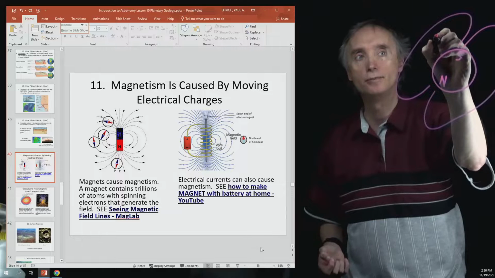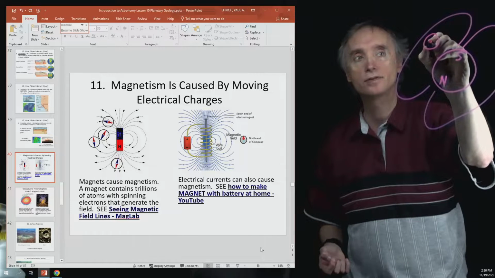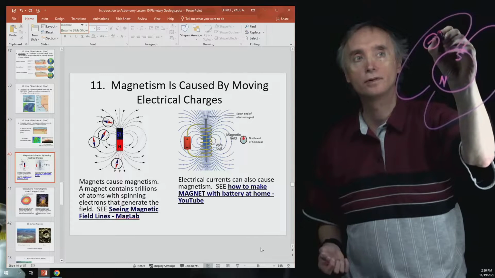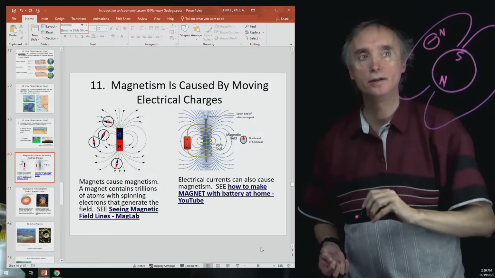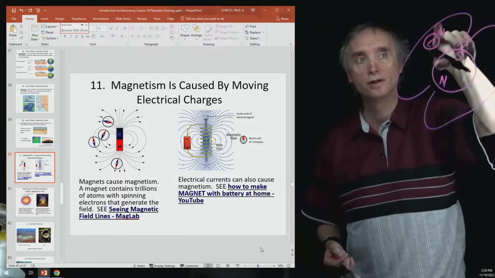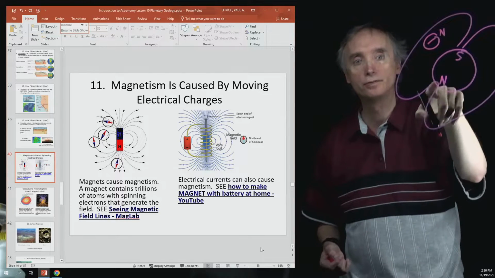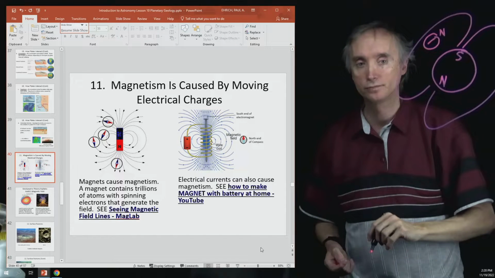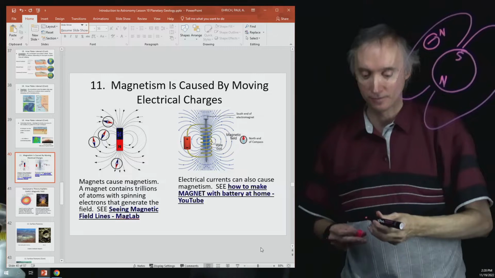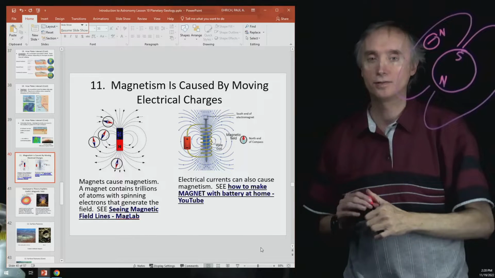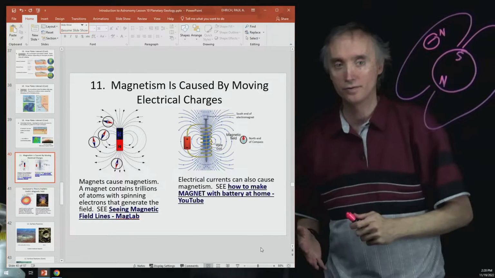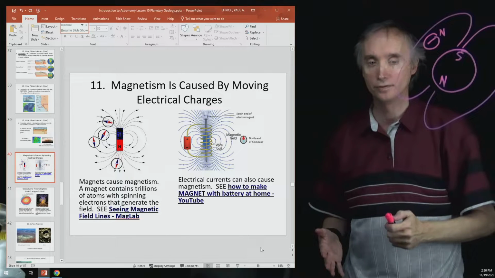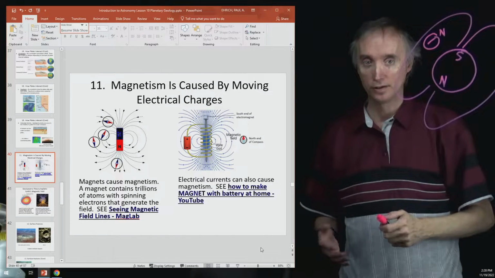So if you've got a compass, and this is the north arrow of the compass needle, it's going to line up with this magnetic field. And so north would be attracted to south. So that just goes to show you that what you kind of think of being north is really south, and south is north, and well, let's not really get into that.